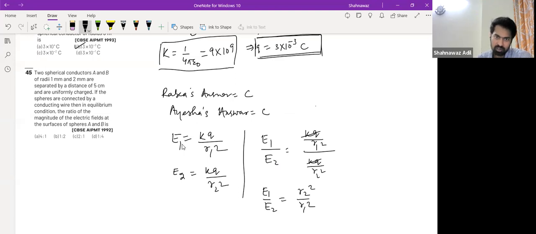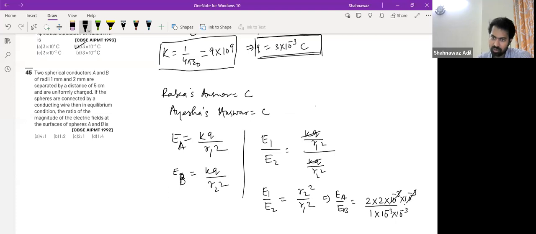This is A and this is B. So what is the radius of, so this is 1 millimeter. Let's say this is A, this is B. So this is 1 millimeter, which means millimeter is how much? 10 to the power minus 3. And this is 2 millimeter, so 2 into 10 to the power minus 3.